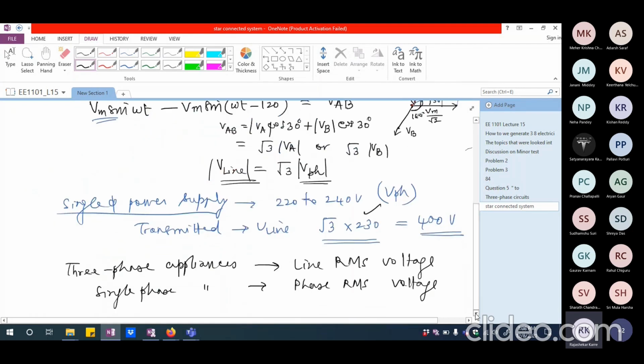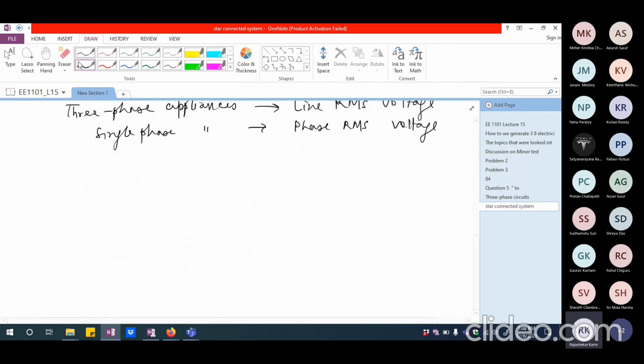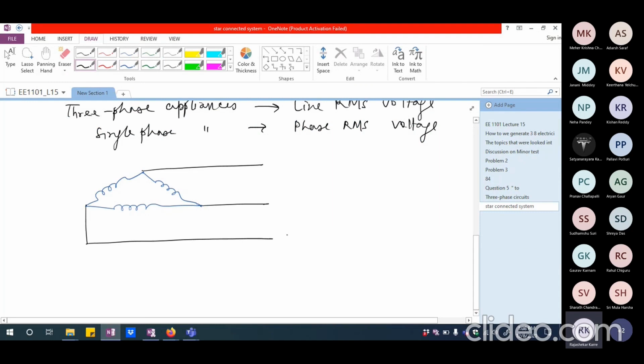Whereas if I look at delta, let me show this as the delta connection. I'm going to have one connection like this, a second connection like this, and a third connection like this. And I'm going to take out three lines. This is one line, this is the second line, and this is the third line.